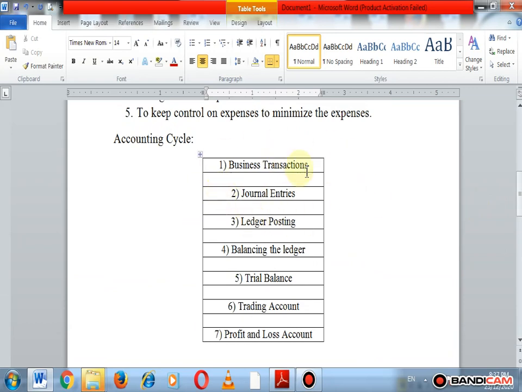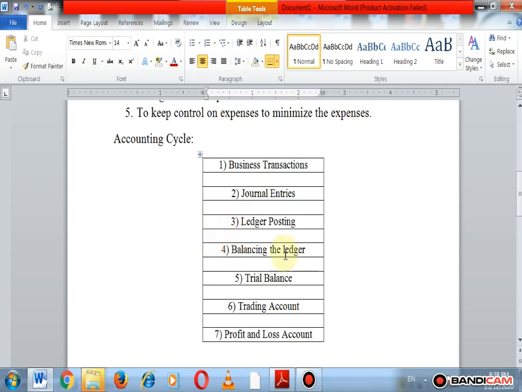First is business transaction. With the help of business transactions, we make the journal entries in the books of the business or concern. With the help of journal entries, we prepare ledger accounts, or we post the journal entry into ledger accounts.